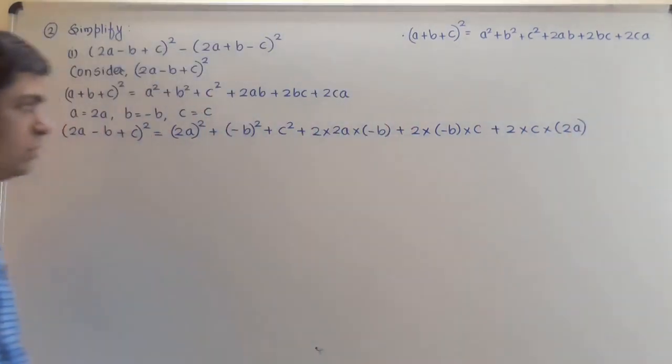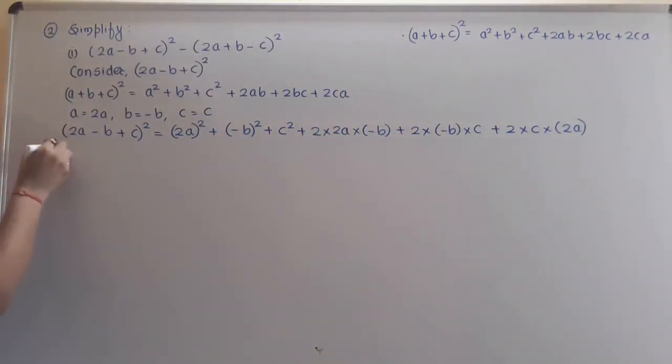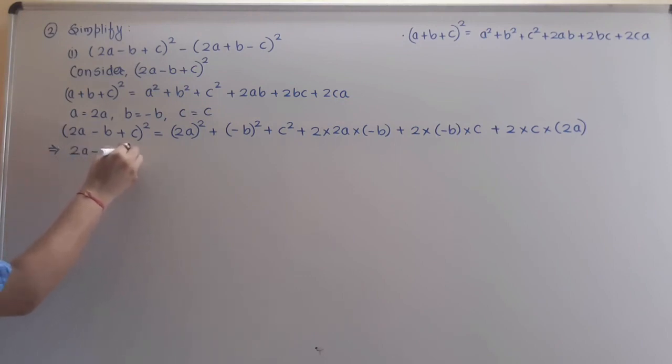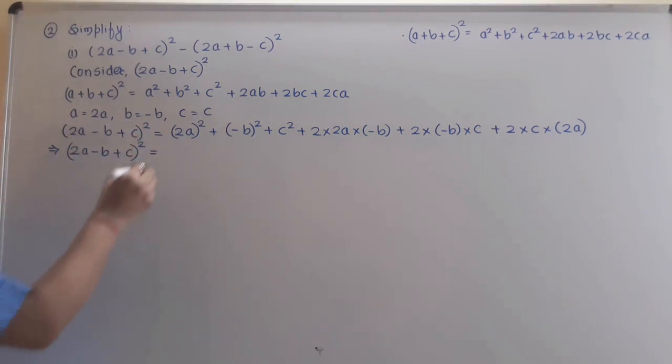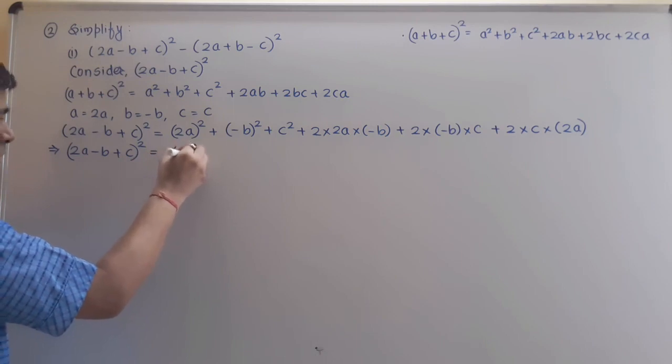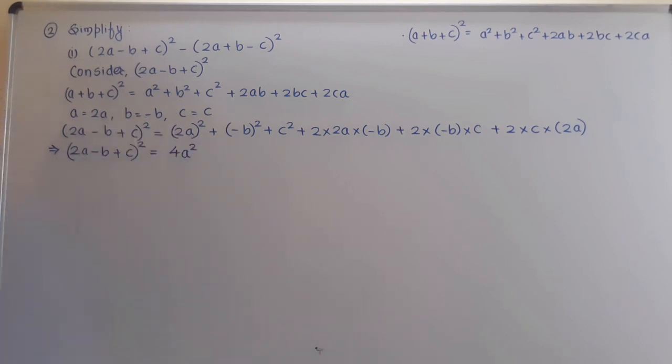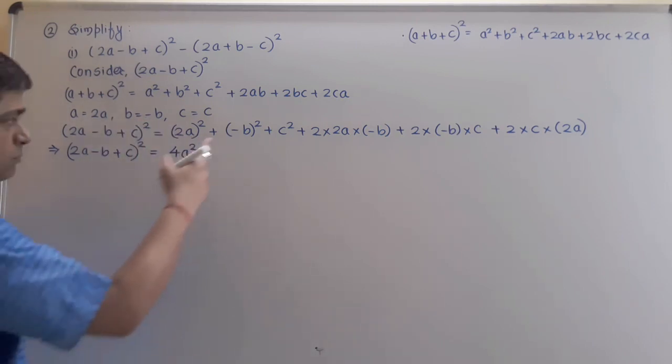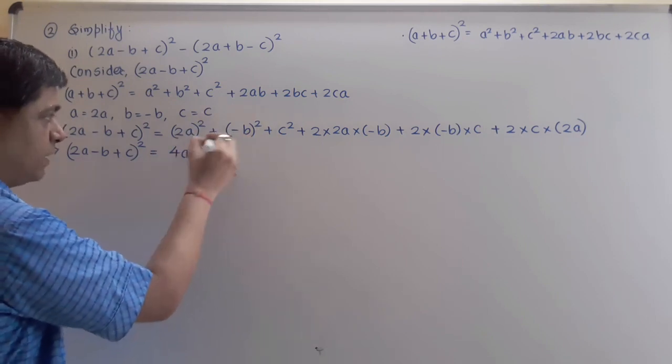Now let us find the expansion. So (2a - b + c) whole power 2 will be equal to (2a) whole power 2. The square of 2 is 4 and the square of a is a square. Similarly, the minus sign will be eliminated because the power is even.